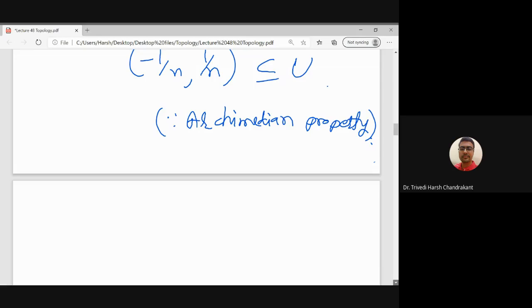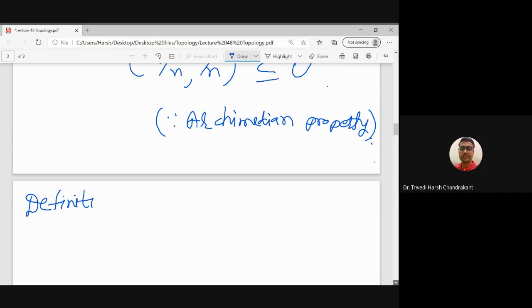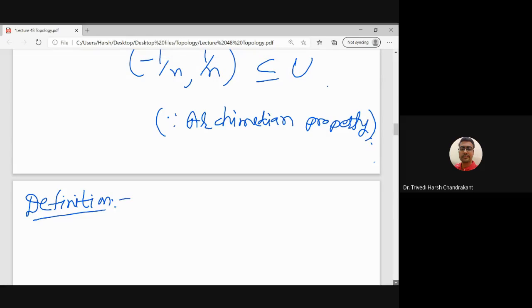And if we can find such a basis around every point, then such a space is called a first countable space.